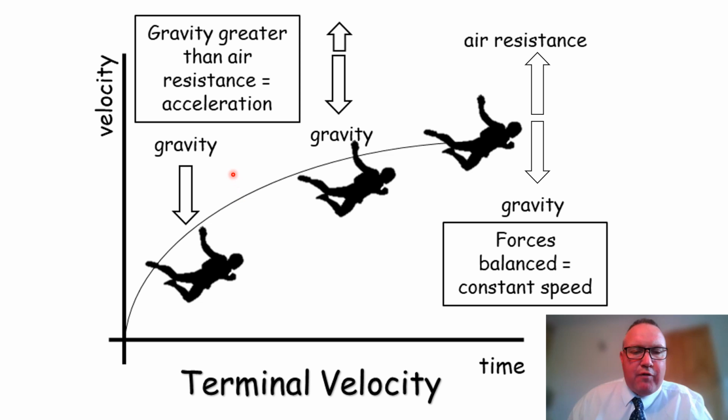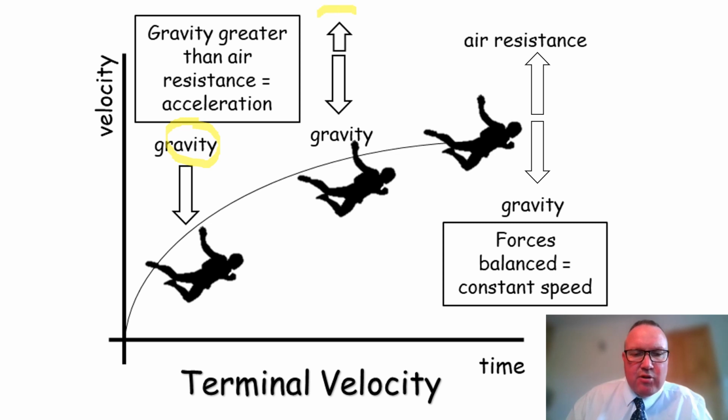To start off with, there is just a gravity force pulling the skydiver down. So they accelerate, their velocity increases. But the faster they move, the more air resistance force they feel. To begin with, there is no air resistance.